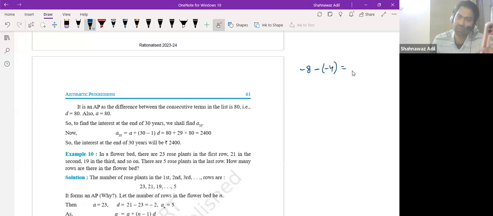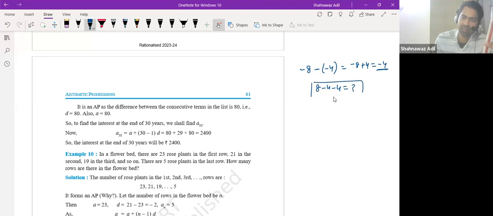So this would be minus 8 plus 4. So this is minus 4, right? Why has this 8 minus 4 come? If I have brackets minus 8 and then minus and then brackets minus 4, we can do it like that, right? Minus minus is plus, so the 8 would be positive.